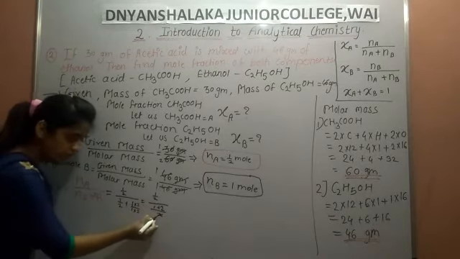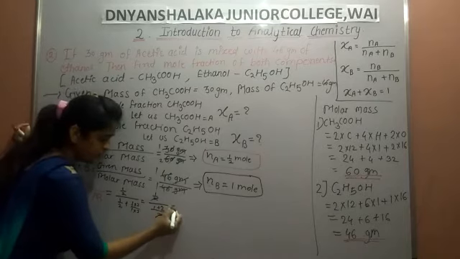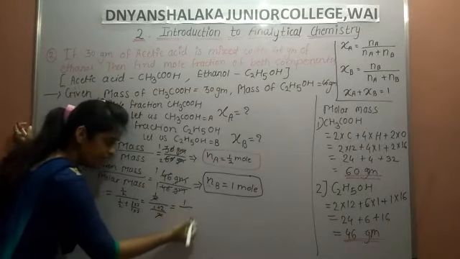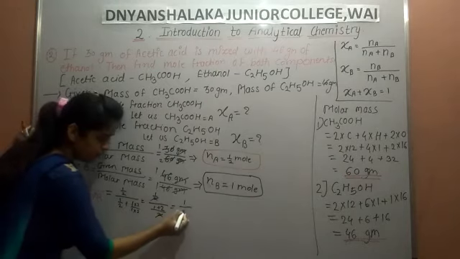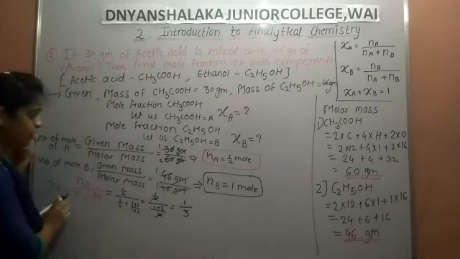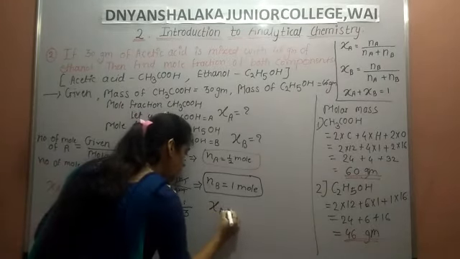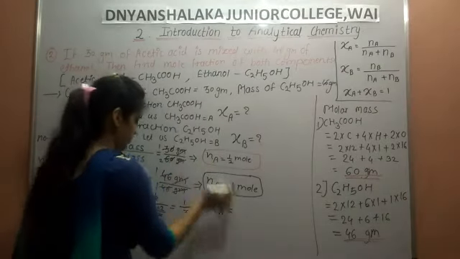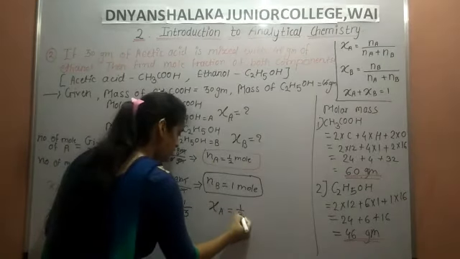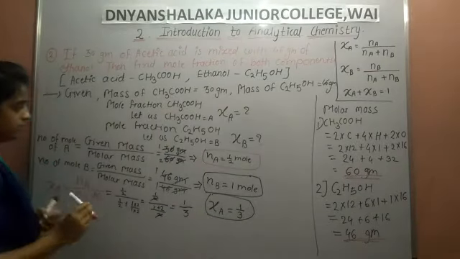The denominators cancel out each other. The numerator is 1, and 1 plus 2 means 3. So we get the mole fraction XA of A component, acetic acid, as 1 upon 3.